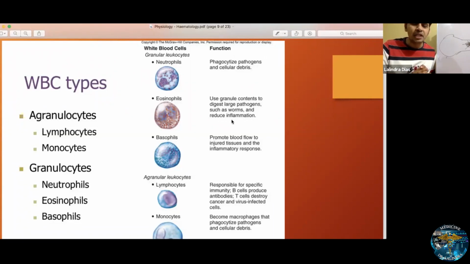And also they particularly play a role in parasitic infections and they kill the parasites and also worms. Then you have basophils. Basophils promote blood flow to injured tissues and also the inflammatory response. I think the most important thing to remember about basophils is they play a huge role in the inflammatory process.